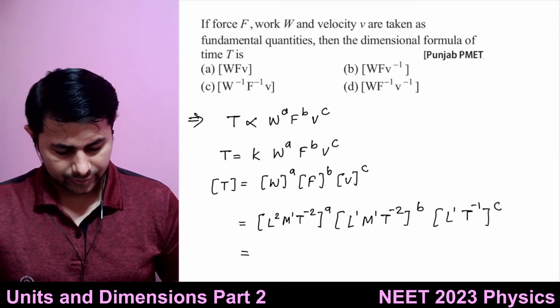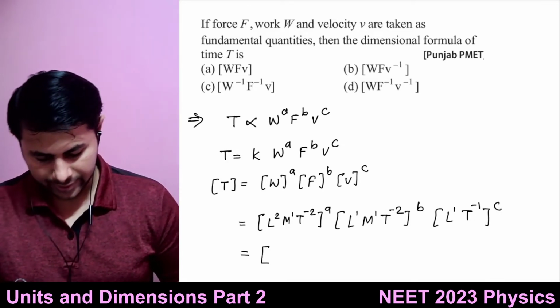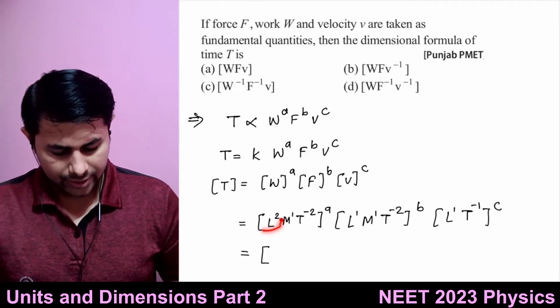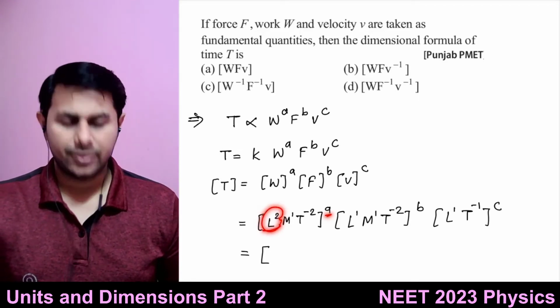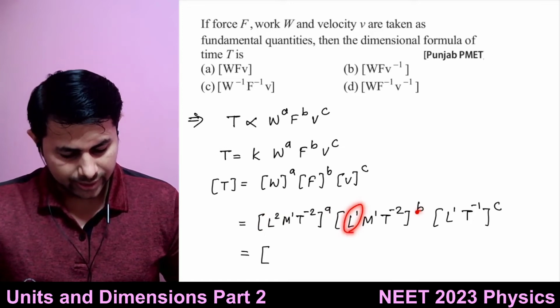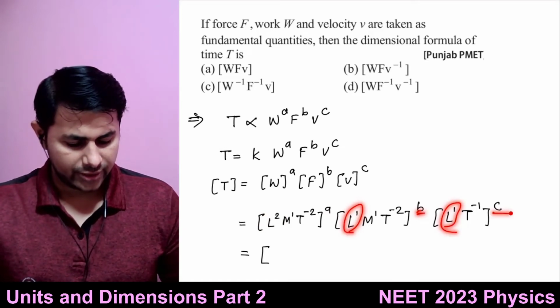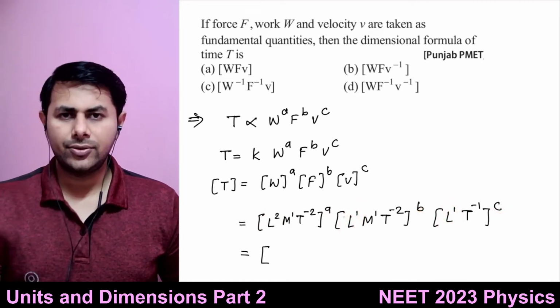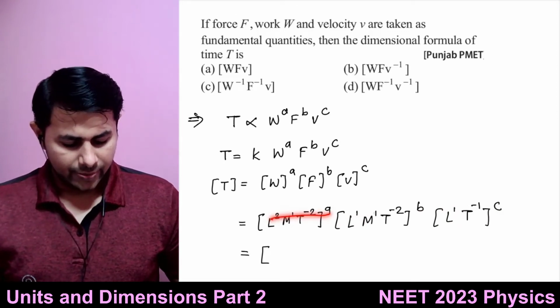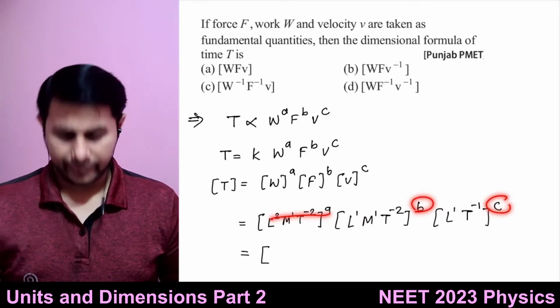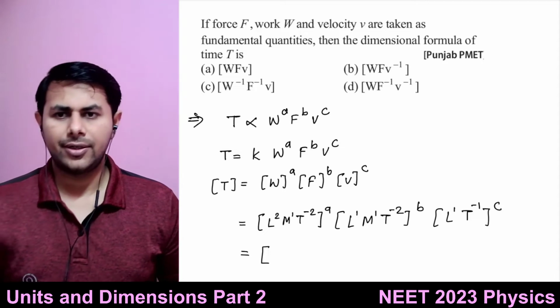Then we have L raised to 2A, L raised to 1B and L raised to 1C. So it is L raised to 2A plus B plus C, right?